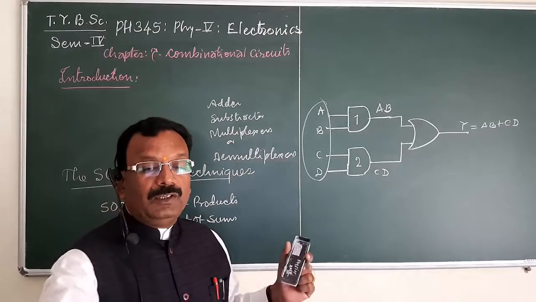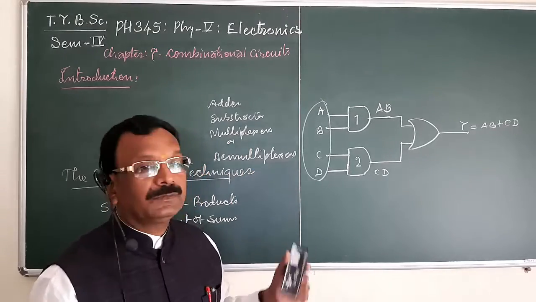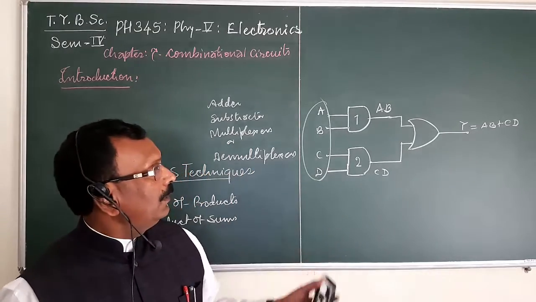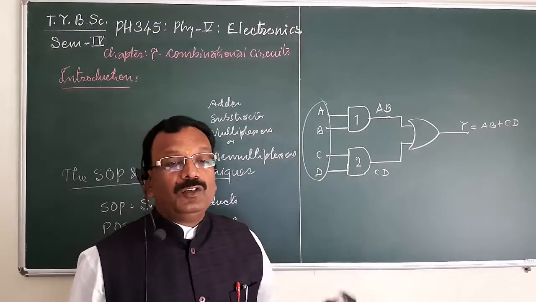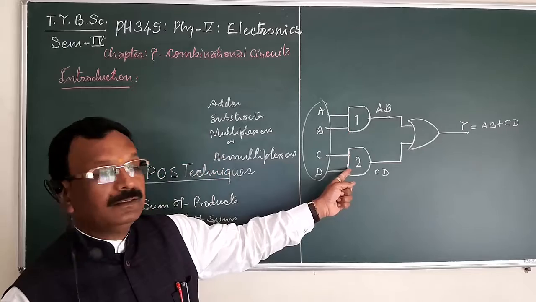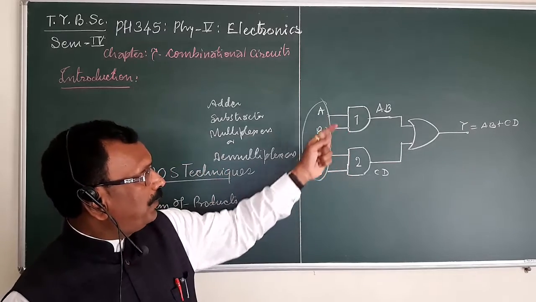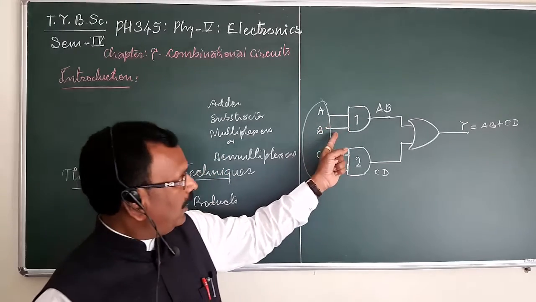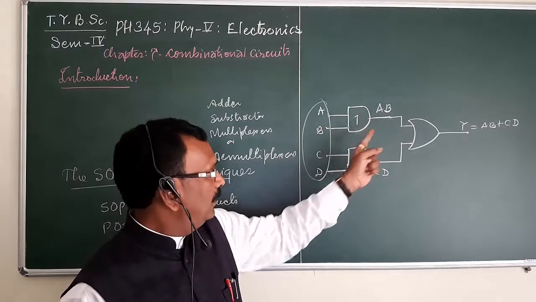This is the logical or digital circuit. In this digital circuit, there are two AND gates. The inputs of the first AND gate are A and B, and the output is AB.